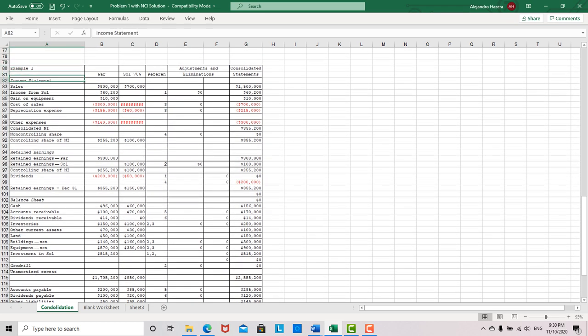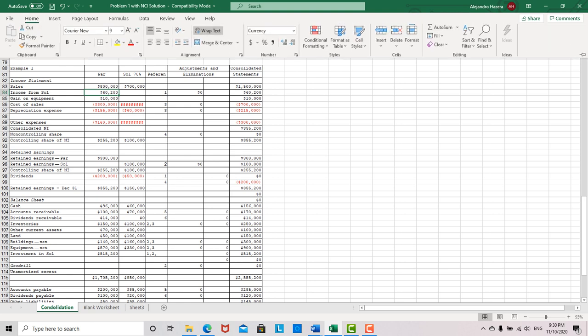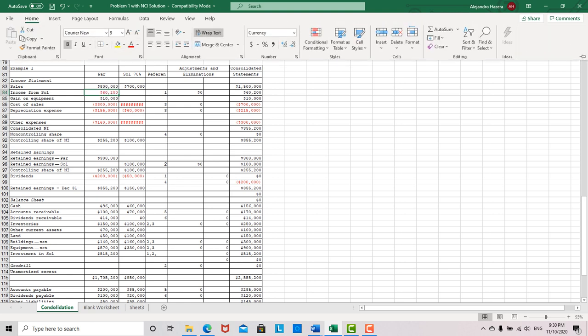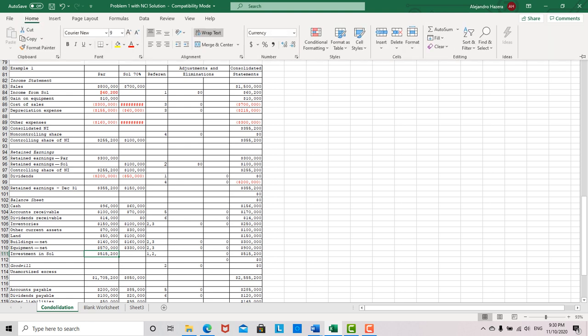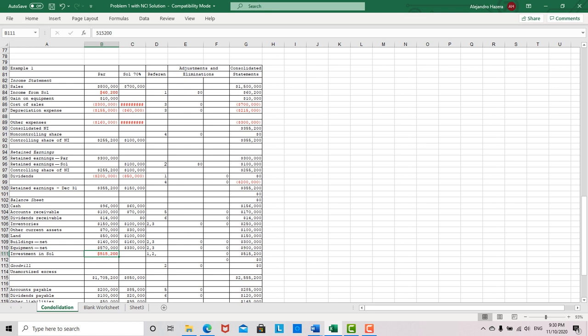There is your income from Sol of 60.2, and here is your investment in Sol account, and we'll highlight that too in red and even make it bold. So we have the 60.2 right there, and we have the investment in Sol account right there.